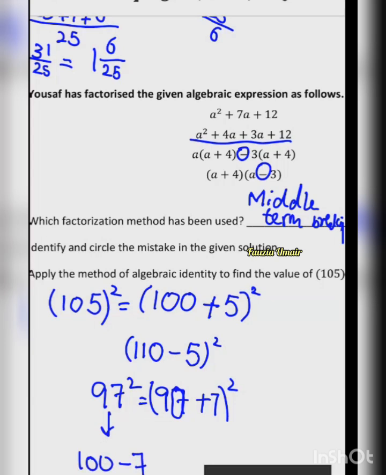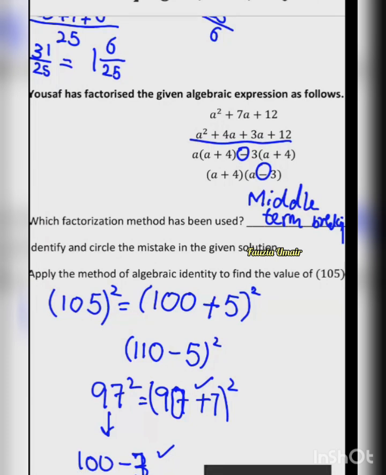I'm discussing it here because I have seen these mistakes in your notebooks. Nobody will say that this is wrong, 90 plus 7 will also give you the same answer. But 100 minus 3 is easier.